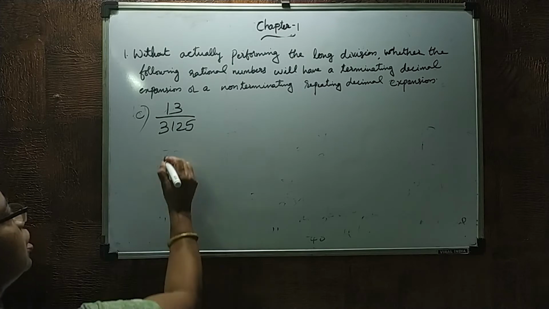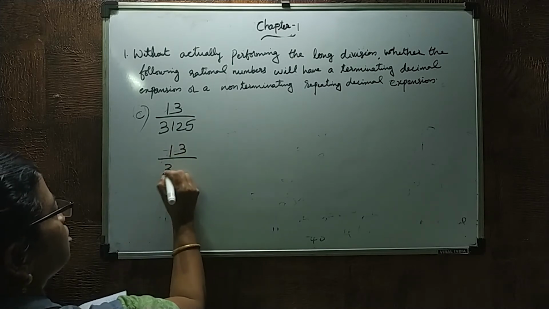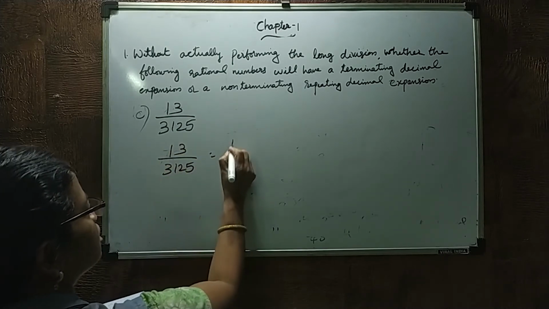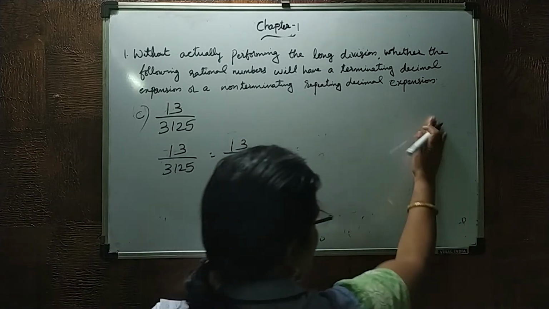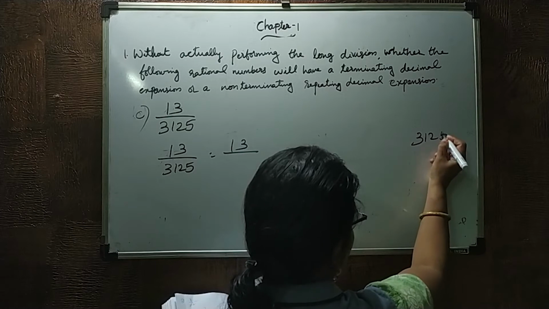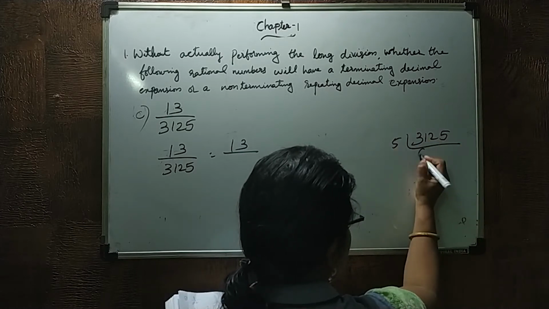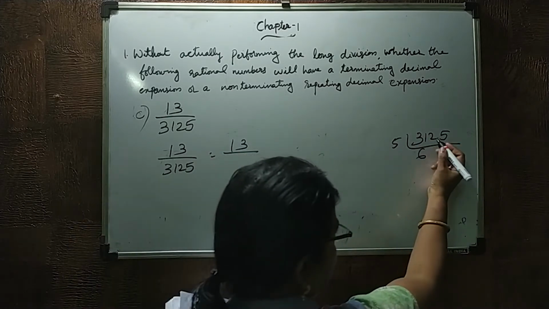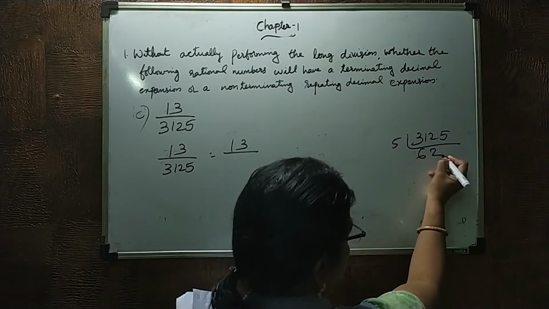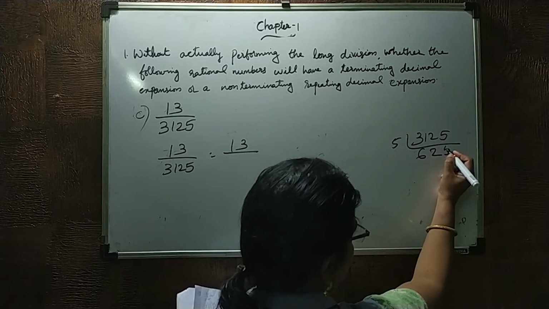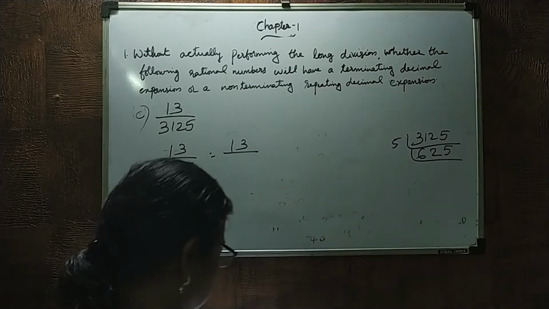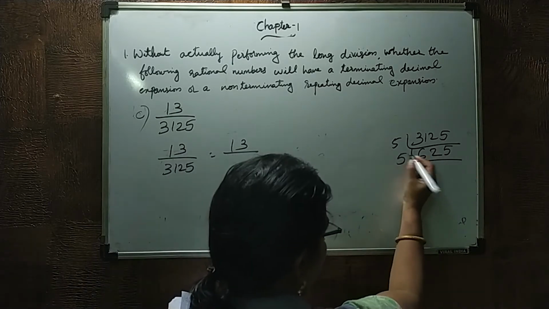So it is 13 divided by 3125, can be written as 13 by 3125. 3125 divided by 5. 6 5s are 30. Then 12 is there, 5 2s are 10. Again 25 is there, so 25. 5 5s are 25.